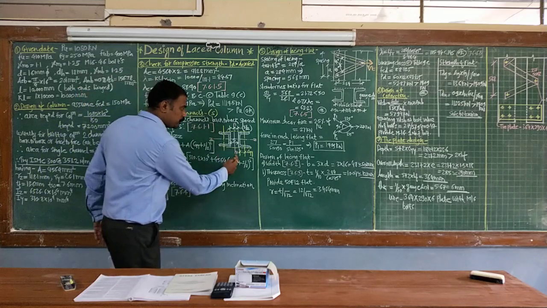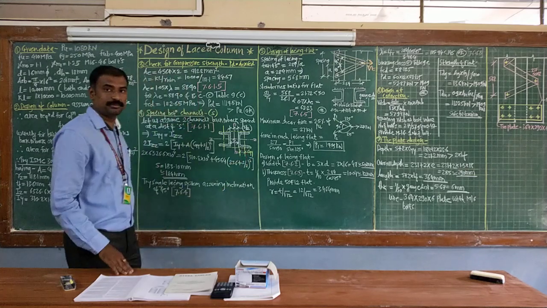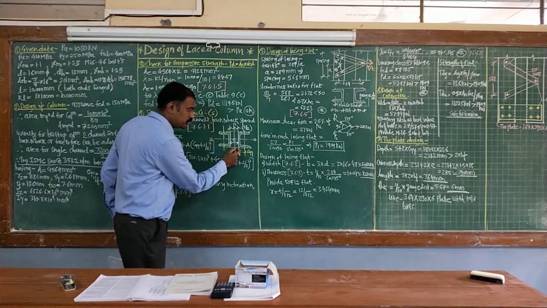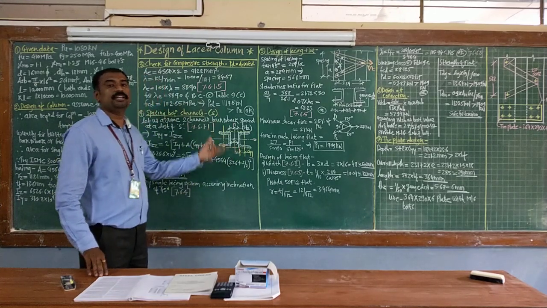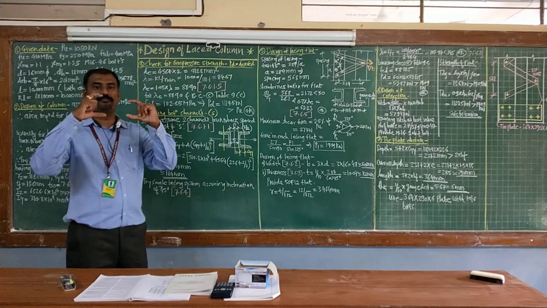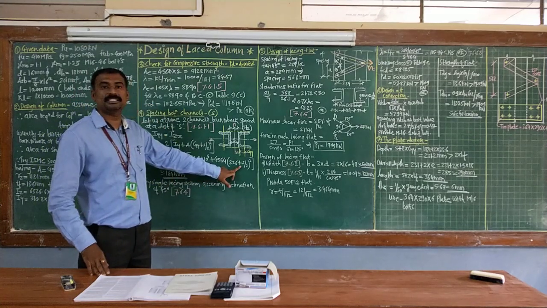The distance between the two parallel axes is nothing but Cyy, which is given in your steel table, plus the spacing divided by 2, half of the spacing. If you are going for channel sections face to face, there will be a change in the formula: only the sign, Cyy minus s by 2.